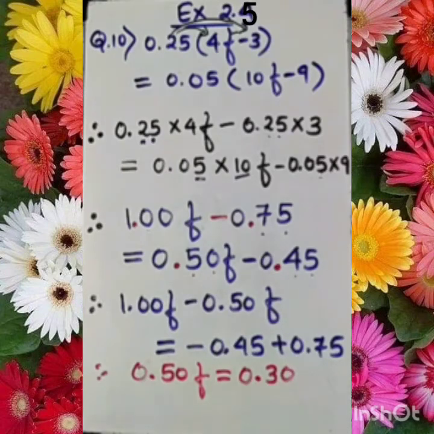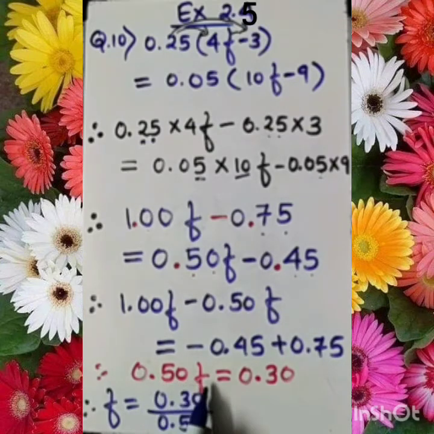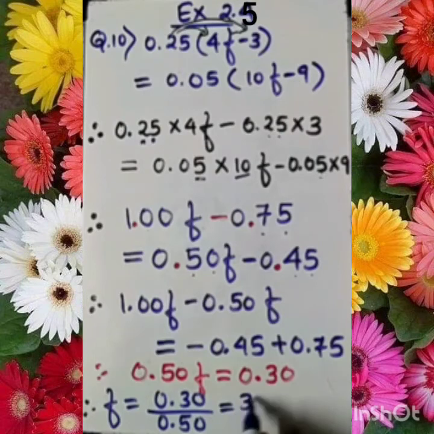Clear to you? So finally, if I make F the subject here, I need to write F equal to 0.30 upon 0.50. The 0.50, which is the multiplier of F, we have to bring as a denominator. So how to simplify? If I remove this decimal, then I need to write 30 upon 100.